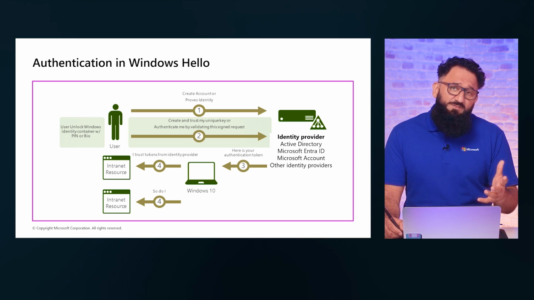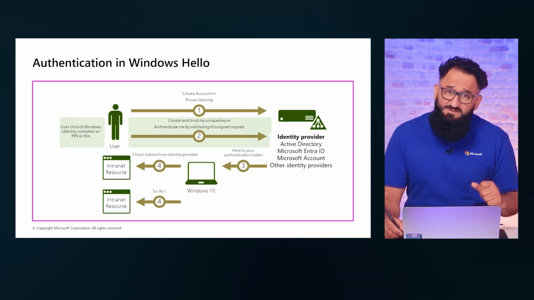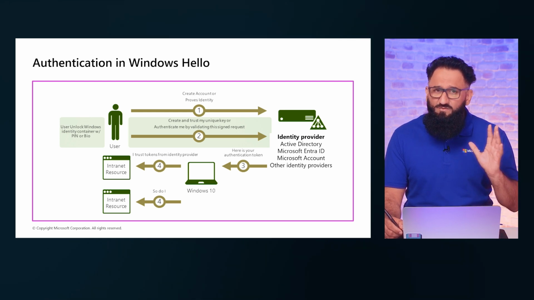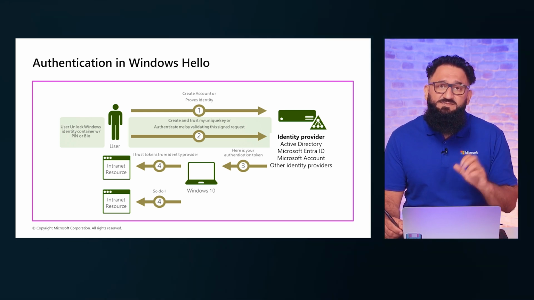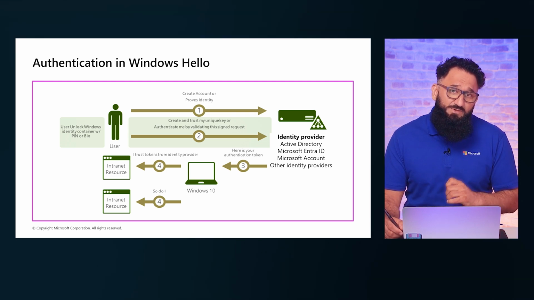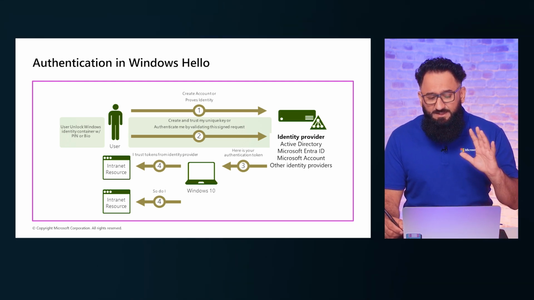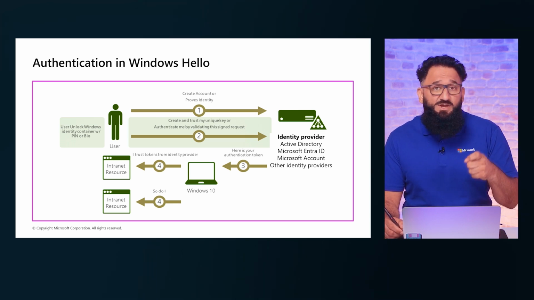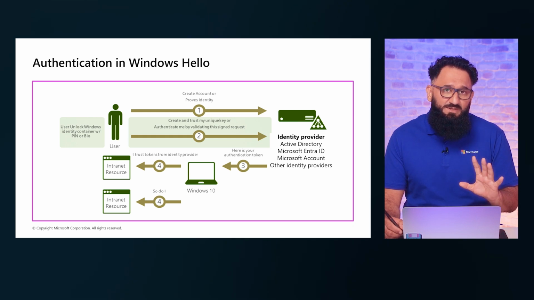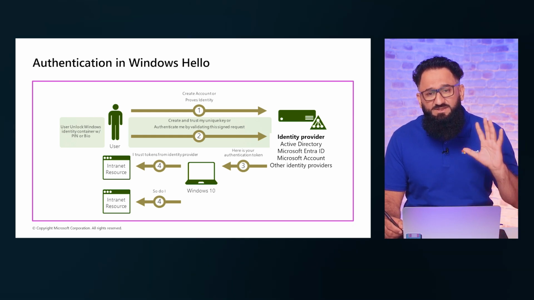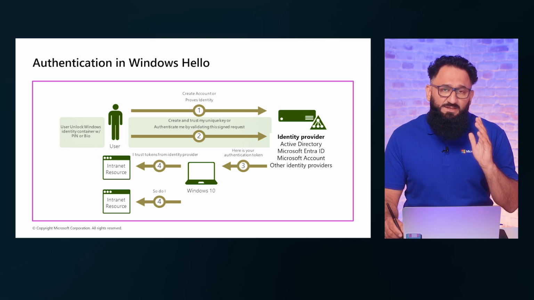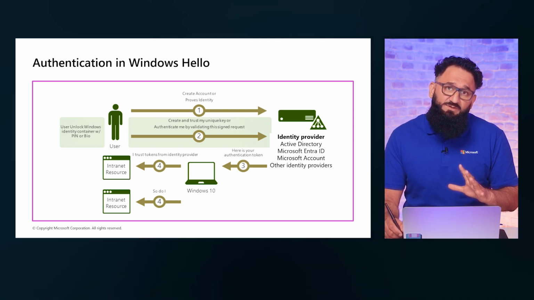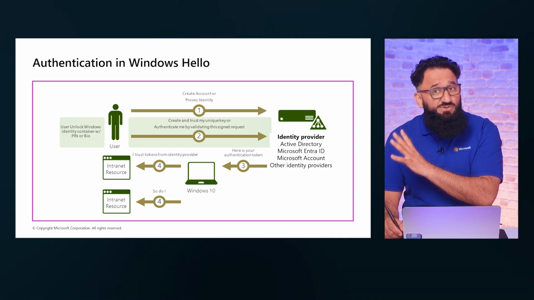Now, most of the modern devices with a secure processor might have that built into them. For the majority of the other devices, you would have a separate chip on your motherboard called the Trusted Platform Module. Now, typically in the back end, as the user tries to authenticate themselves by typing in their PIN or using biometrics, this generates a series of asymmetric keys that it uses to authenticate to your provider.